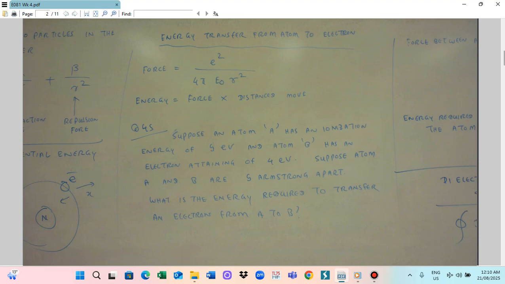What is the energy required to transfer an electron from A to B?